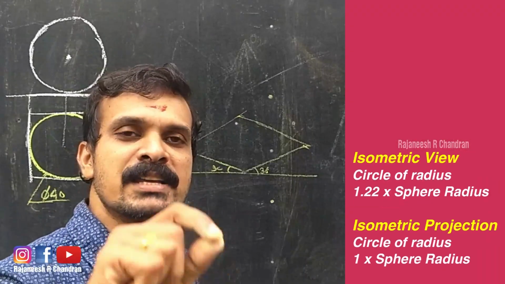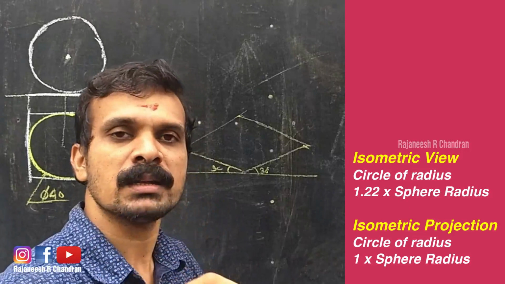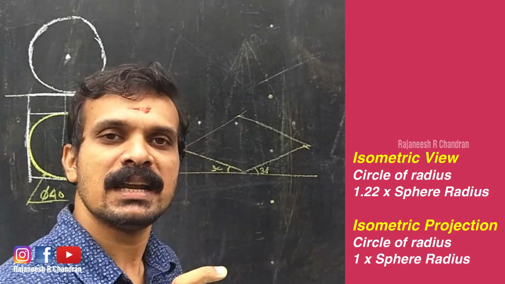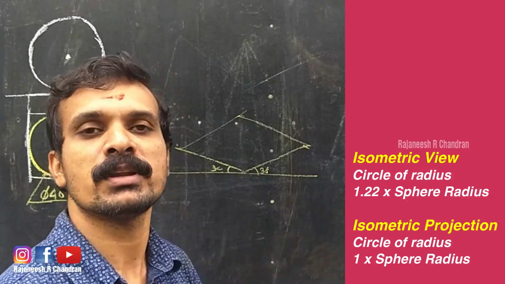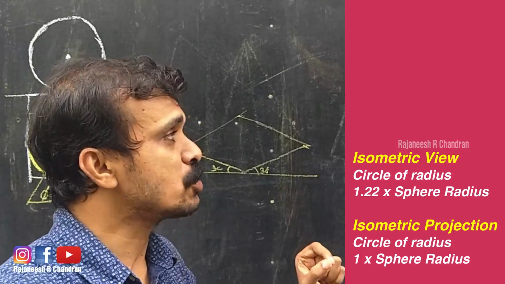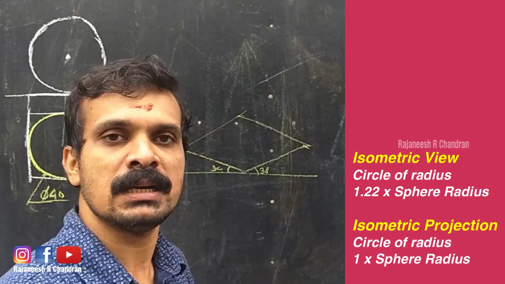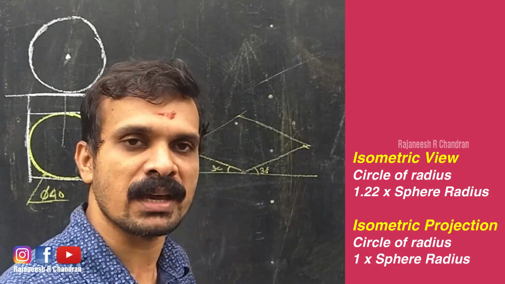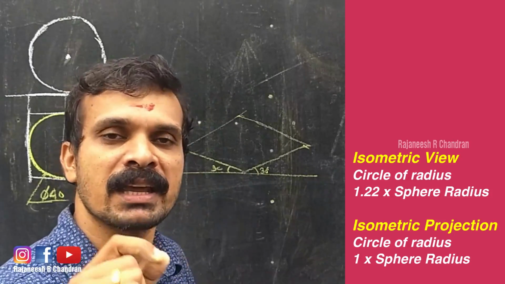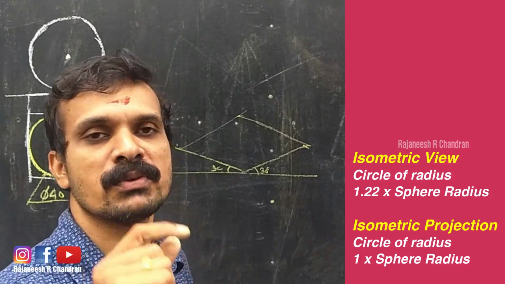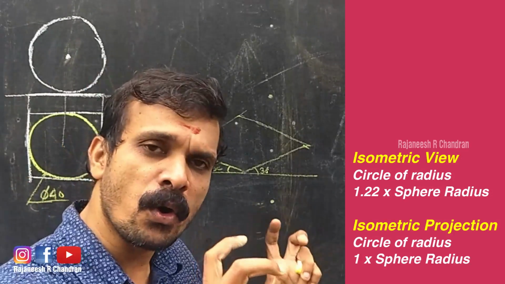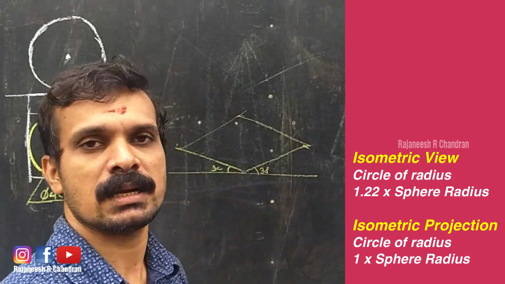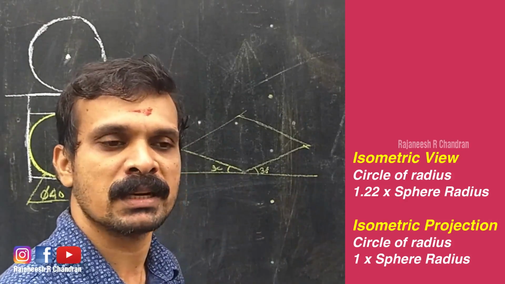The isometric view of a sphere is a circle having a radius of 1.22 into the corresponding sphere radius. The isometric projection of a sphere is a circle having a radius 1 into sphere radius.